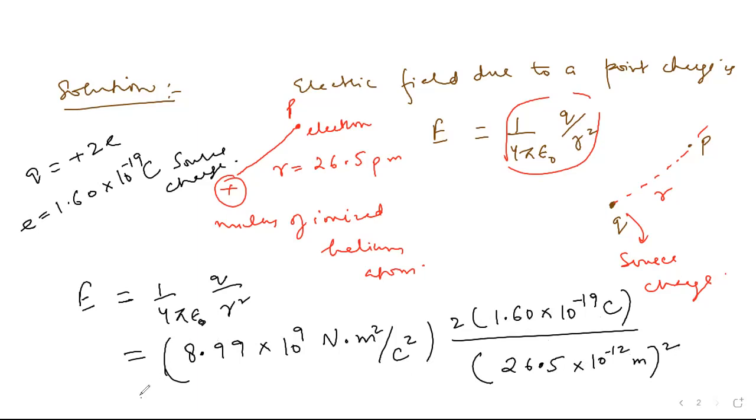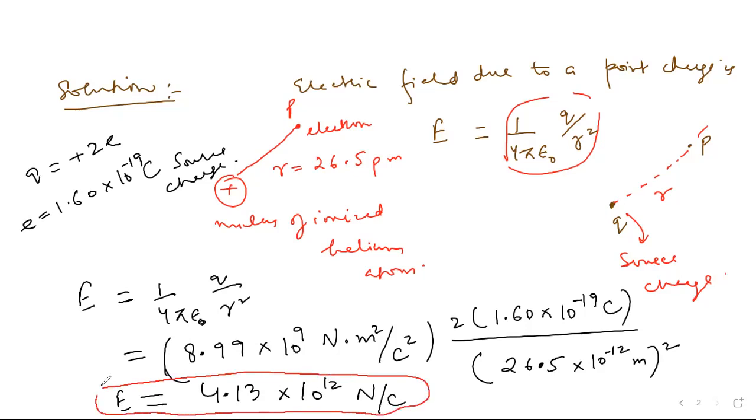When we make the calculation, it turns out to be equal to 4.13 into 10 raised power 12 Newton per coulomb. Let me encircle it. So this is the answer. But as always, when you check it at home, you have to simply make the calculation and check this value.